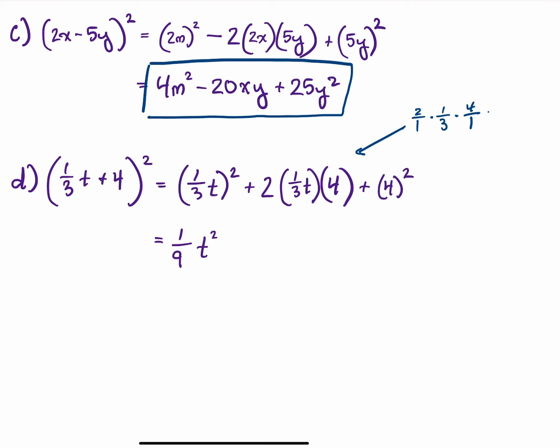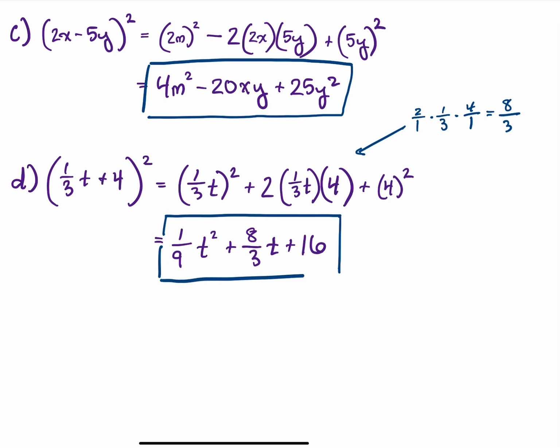So multiply all the numerators. 2 times 1 times 4 will give us 8. Then multiply all the denominators. 1 times 3 times 1 gives us 3. So 8/3. So plus 8/3 t, and then 4 squared is 16. So just be careful with the fractions, but the same pattern will apply.